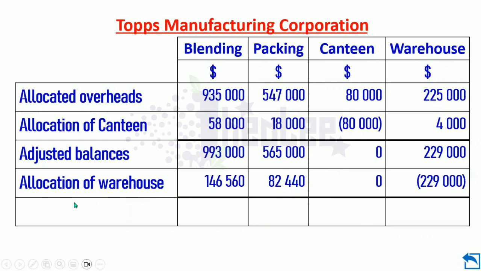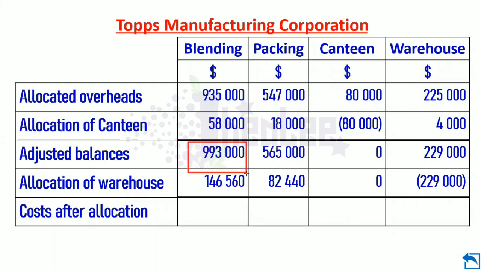So let us now continue in completing this question, where we're going to wrap up by calculating the cost after allocation in the production departments. Blending, there was a cost after the adjustment of $993,000.